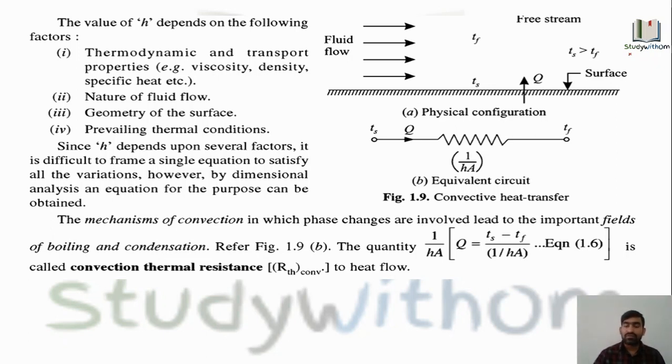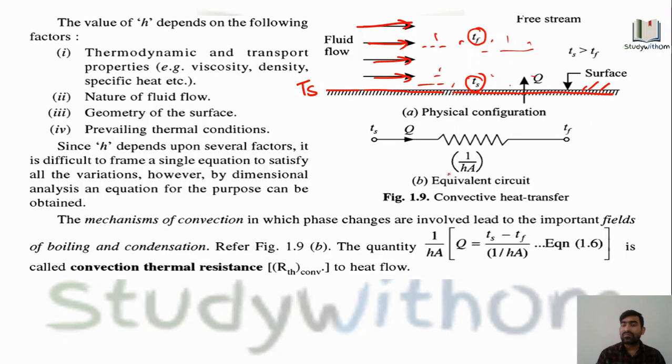So here suppose there is a physical configuration where we can see that it is a flat plate, this is the surface, and the temperature of the surface is, let's assume, Ts, and a fluid is flowing past this surface, right? And the surface temperature is Ts and the fluid temperature, let's suppose Tf, and this fluid is flowing over the flat plate.